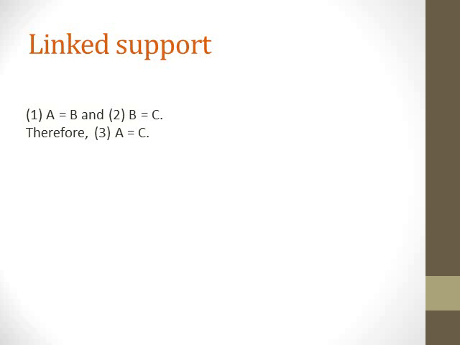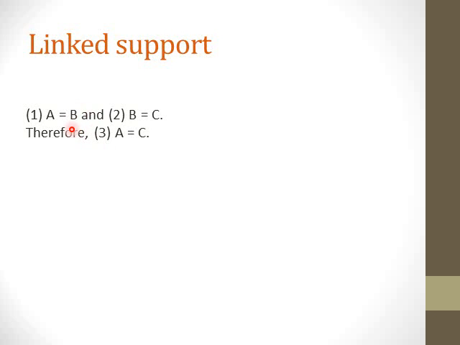Okay, but nonetheless, let's get into the second type of major support, which is called linked support. And linked support is depicted, as we'll see, a little bit differently in a diagram than convergent support. That is, we're going to have to add some extra visuals or pictures or symbols in order to depict linked support.